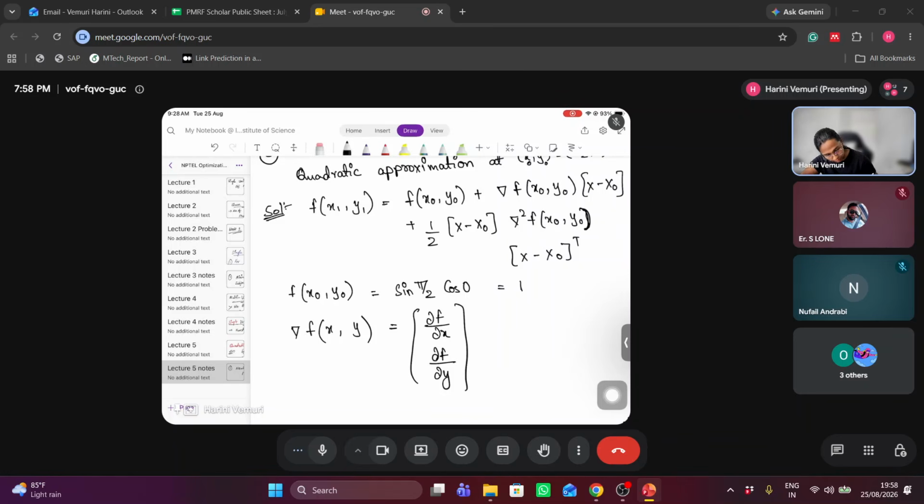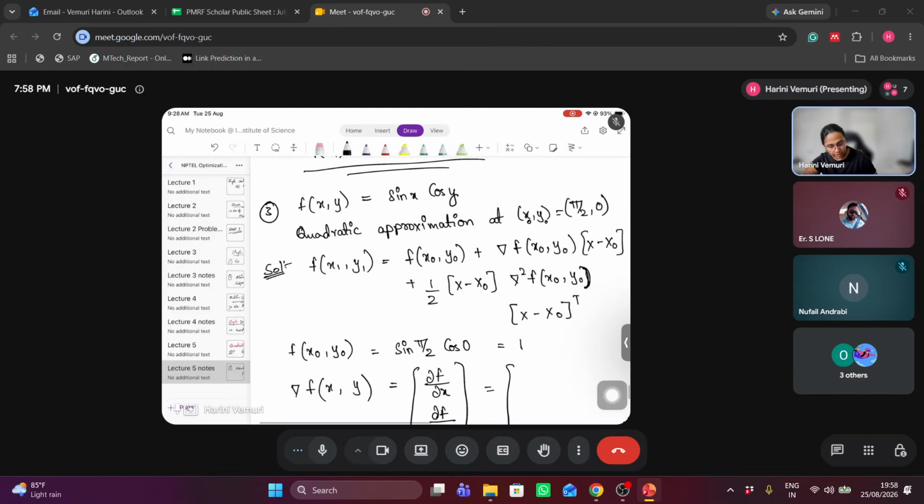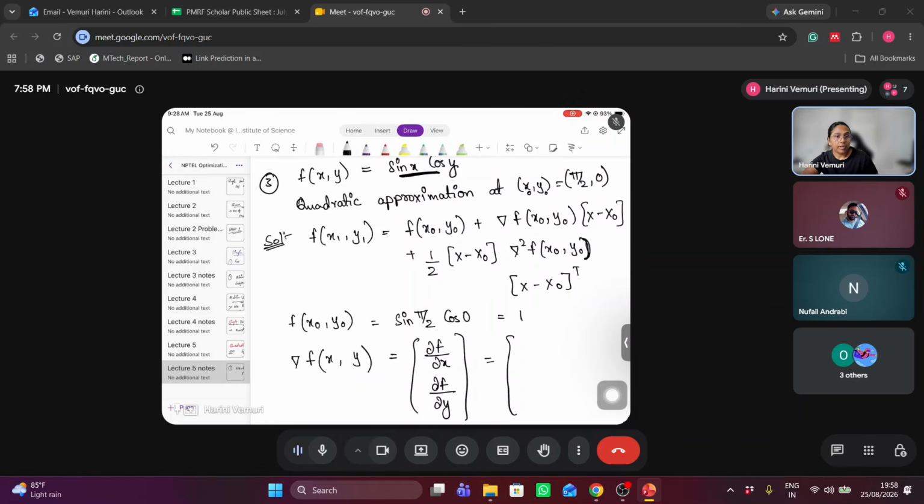First we partially differentiate with respect to x. The derivative of sine x is cos x, so cos x cos y. Then we partially differentiate sin x cos y with respect to y. The differentiation of cos y is minus sin y, so it's minus sin x sin y.